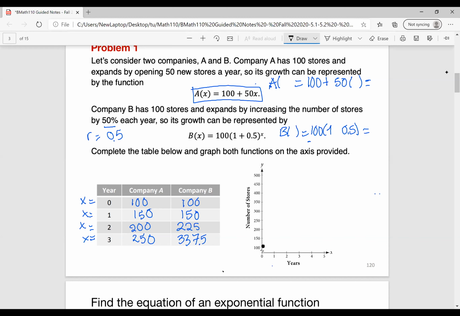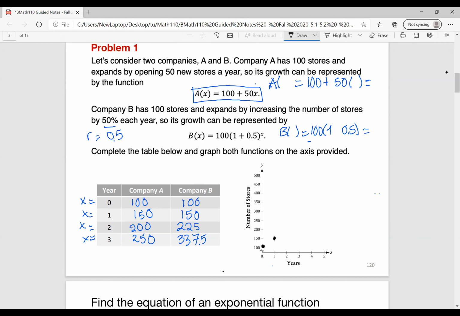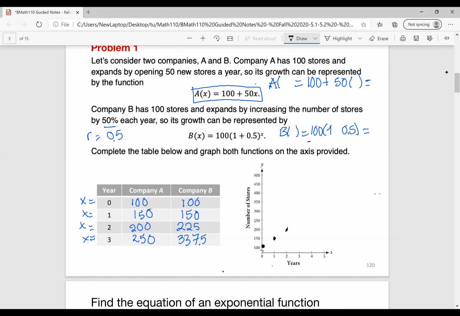And 1, 150. So this one, right? And 2, 200, right? And then 3 is 250.